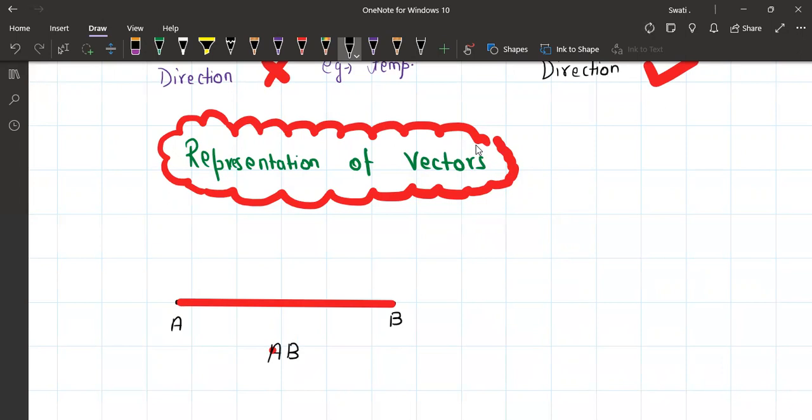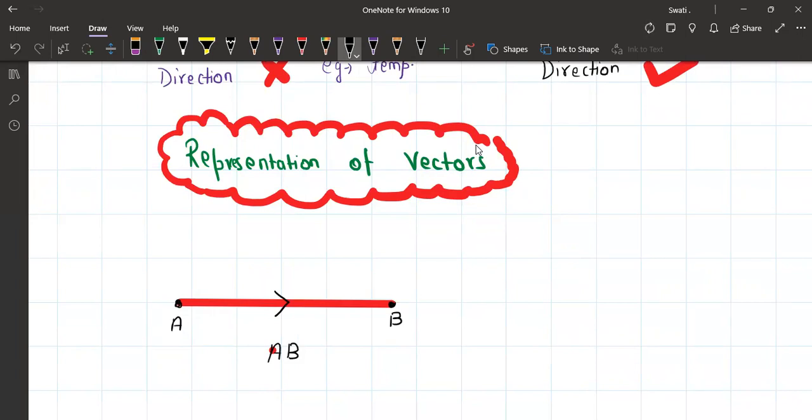From here we can actually understand the concept of a vector from the very basics. If you're treating this AB as a very small line segment of any length, let us assume that this is point A and this is point B. And the direction of AB here is this. Here I'm specifying the direction A to B, right?